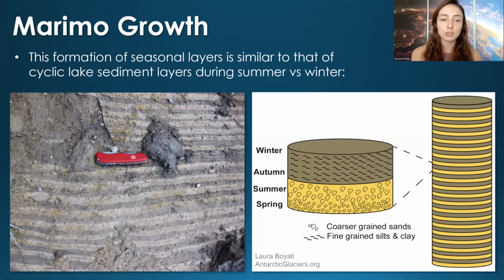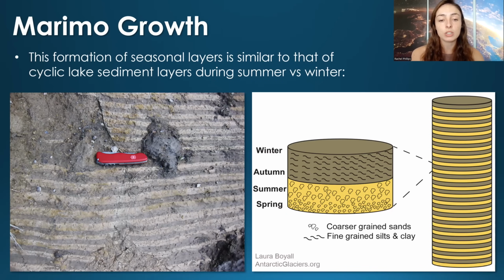This is very similar to the formation of seasonal layers, which we often see in sediment layers like varves. Varves are sediment layers that often form in glacial-fed lakes because during the spring and summer, there's a lot of ice melt that leads to a lot of inflow of lighter, larger-grained sediment in those warmer periods.